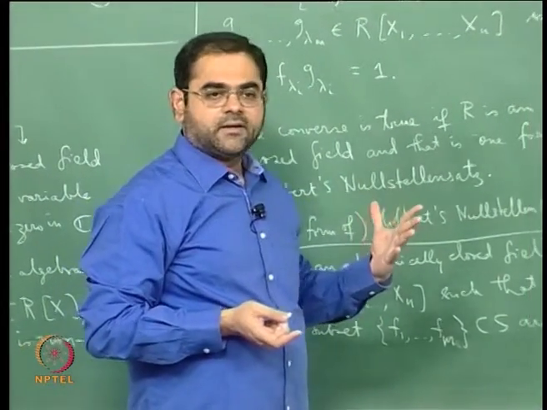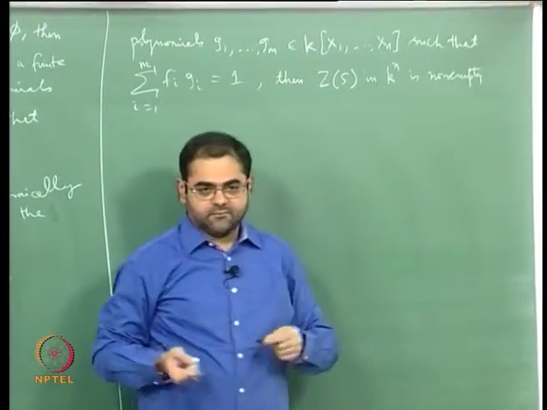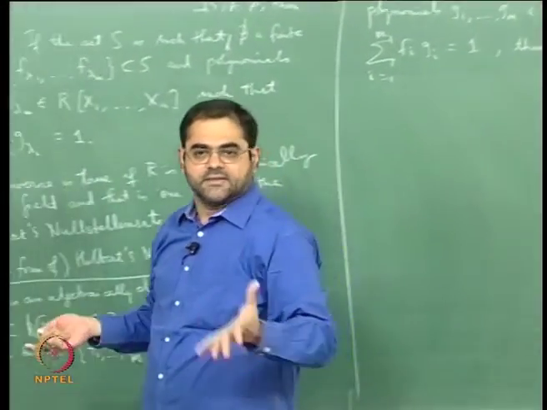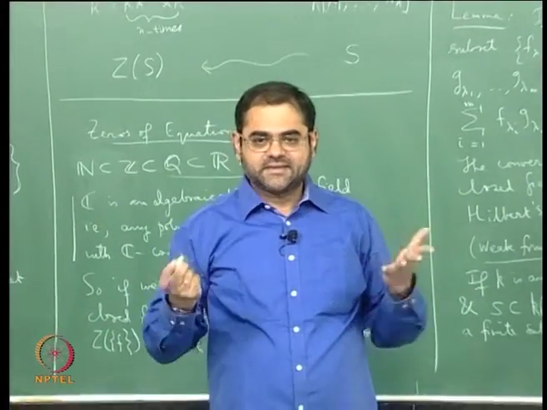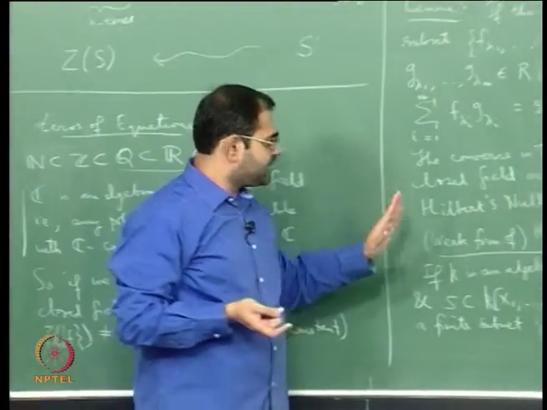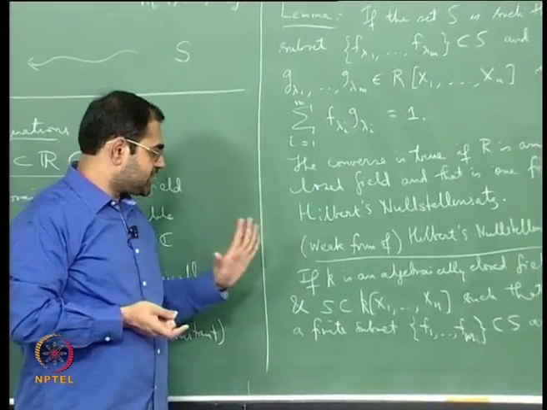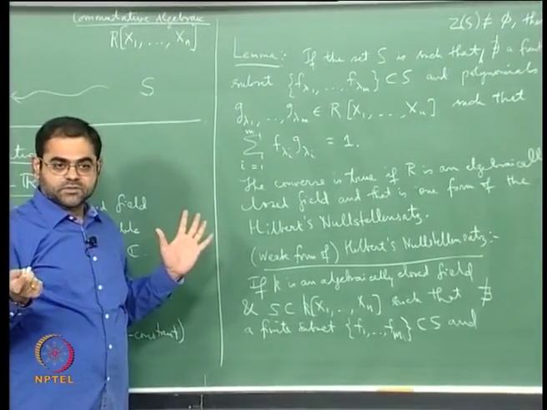Then you are saying that the zeros of that polynomial in K^1, which is just K, exist. So you are just saying that every polynomial has a zero, which is the definition of what an algebraically closed field is.